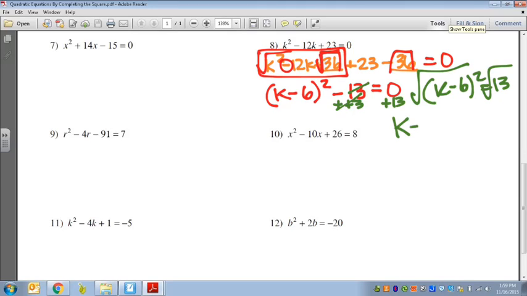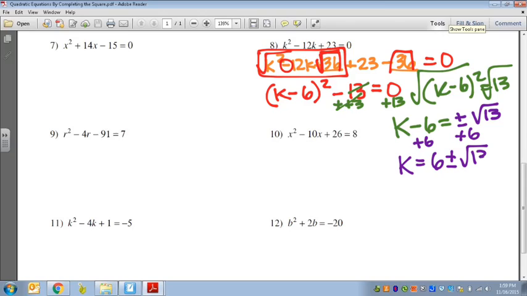And I'm going to get k minus 6 equals, and if I add the square root myself, for a number, I need to make sure I write plus or minus radical 13. And at this point, if you get a number under the radical and you can simplify it, please do, but 13's prime, so it's not going to work out for this one. All right, and then the last thing I'm going to do is add 6 to both sides and get k by itself. And k equals 6 plus or minus radical 13.